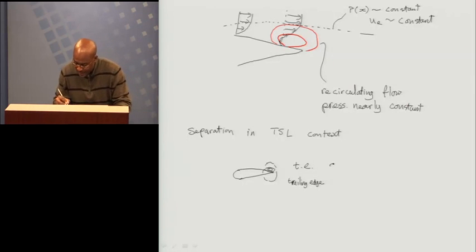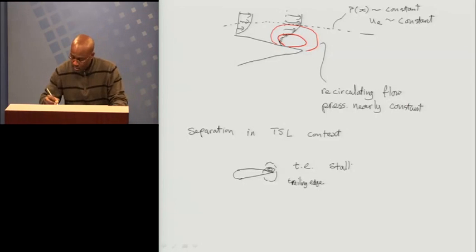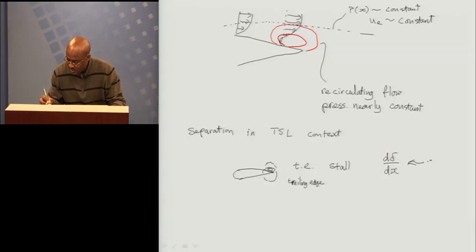In aerodynamics, we call that trailing edge stall. When you have separation, they call it stall. So we still have conditions where this is on the order of about 0.1, and we could still apply our boundary layer equations.